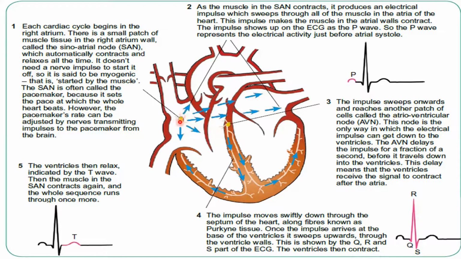The sinoatrial node is often called the pacemaker because it sets the pace at which the whole heart muscle beats. However, the pacemaker's rate can be adjusted by nerves transmitting impulses to the pacemaker from the brain. Let's say the heart is beating 70 times a minute, but during exercise it has to beat more.